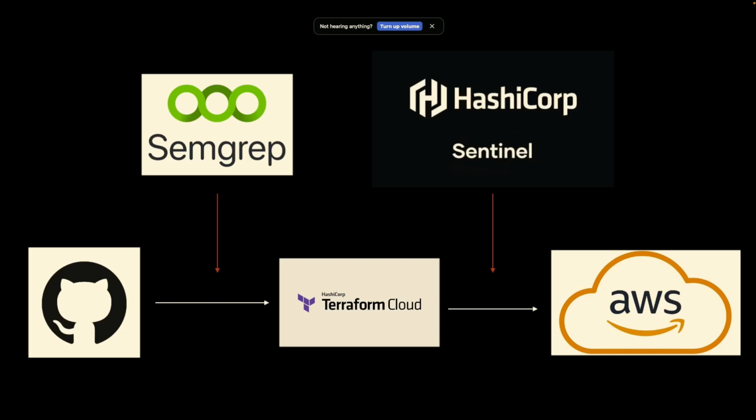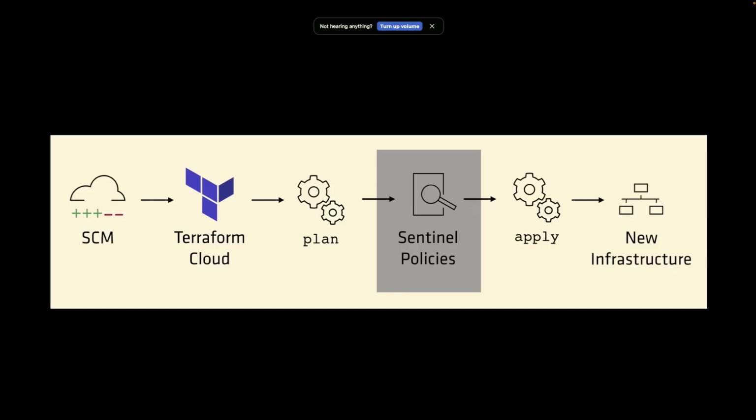And then post-plan, when you do your Terraform plan before you do an apply, you use something like OPA or Sentinel to take that whole plan file and say, is this relationship correct here? Is this role set correctly on this EC2? Things like that. And that's before you do the actual apply. So that's how I see those two pieces working together. Same kind of similar example: plan, Sentinel policies, apply.